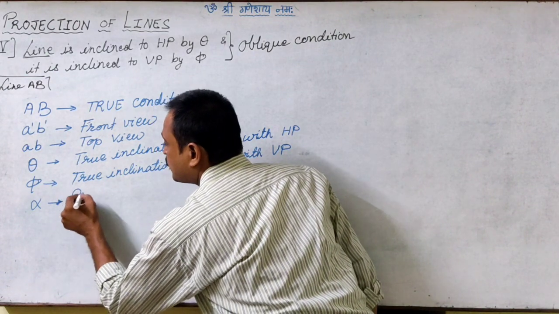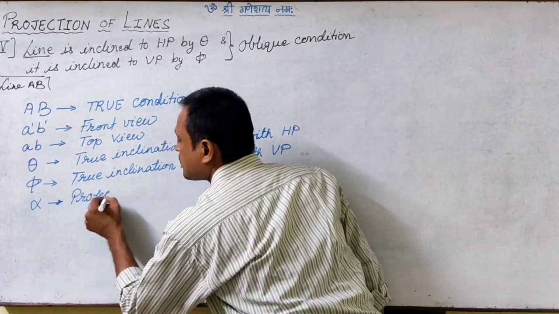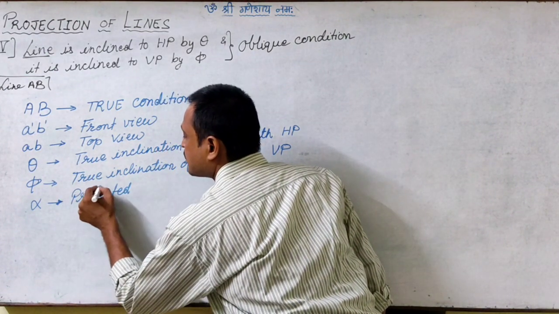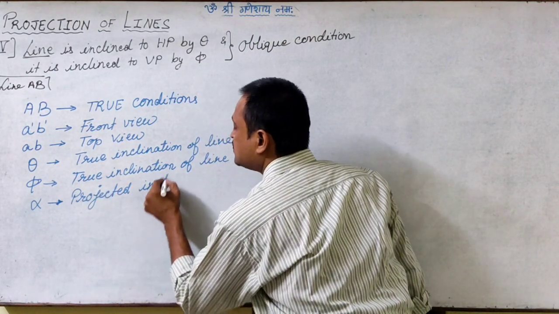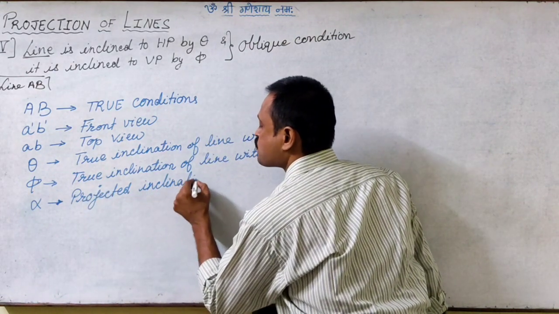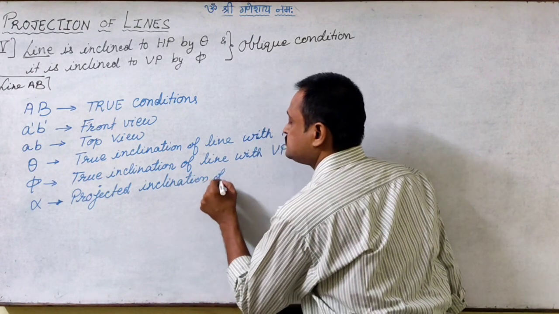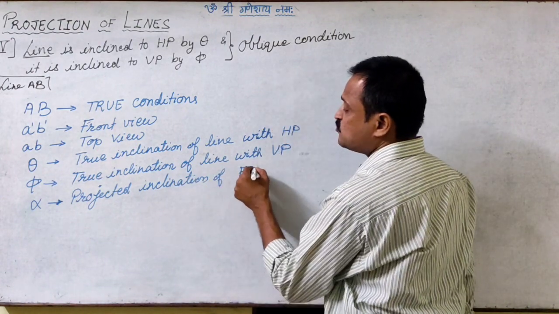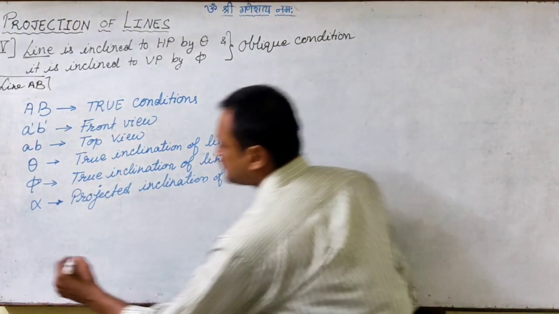Alpha is the projected inclination of the front view image, right?